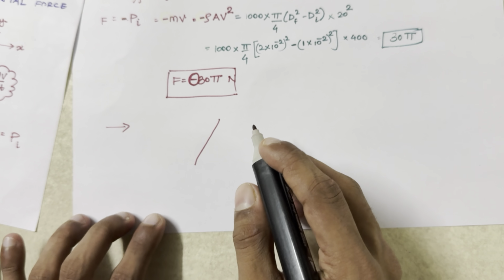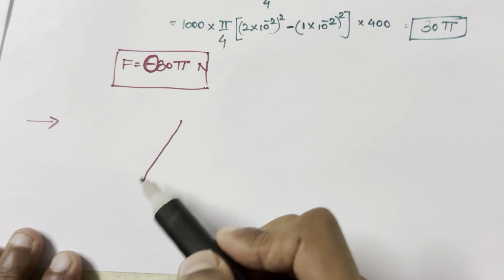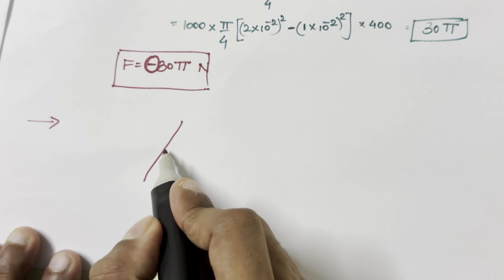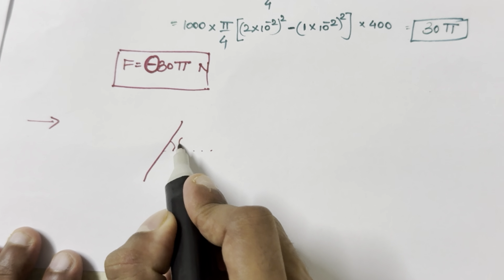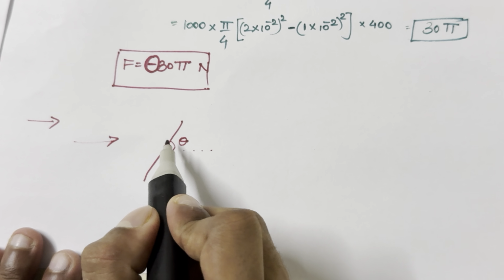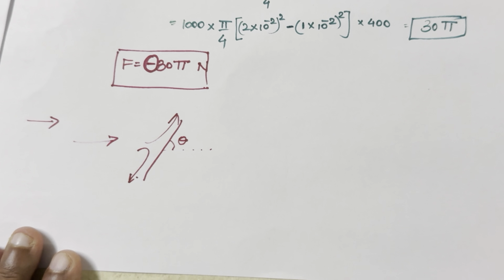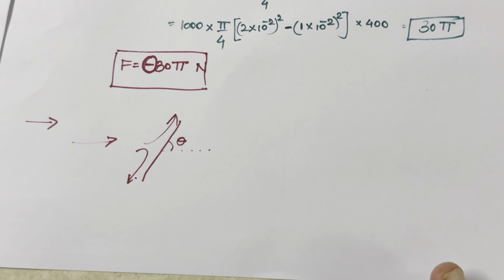It can be asked, what if the board plate which is at rest is inclined to the horizontal surface at an angle theta, and then a stream strikes and deflects over this plate. This question is also of good taste, but the main part is to realize the concept.